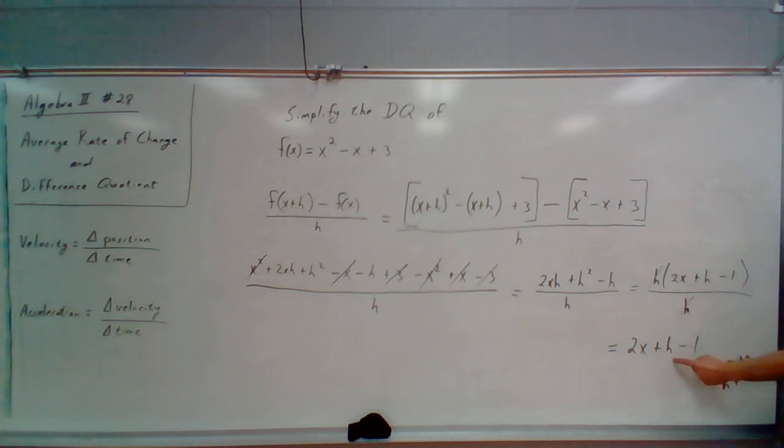But actually, this one would be okay if h was 0. I would just get 2x minus 1. So if h were 0, these really wouldn't be the same. This one would be undefined. This one would just be 2x minus 1. So they would be different if h is 0. But as long as h is not equal to 0, these two guys are the same. And here is the simplified difference quotient of that function.